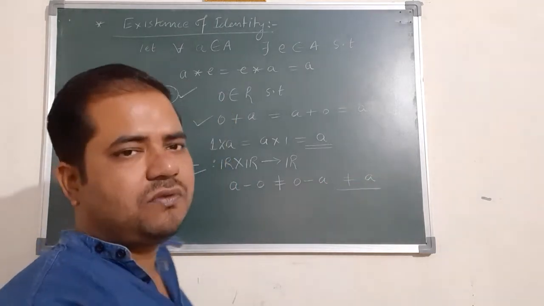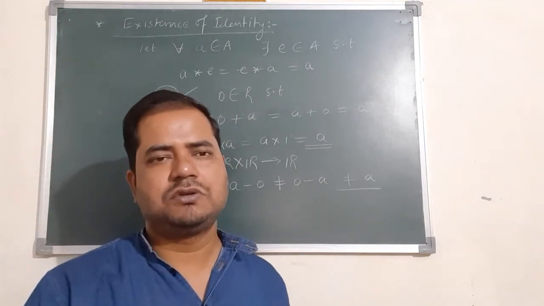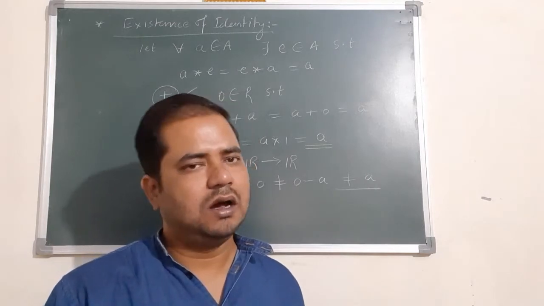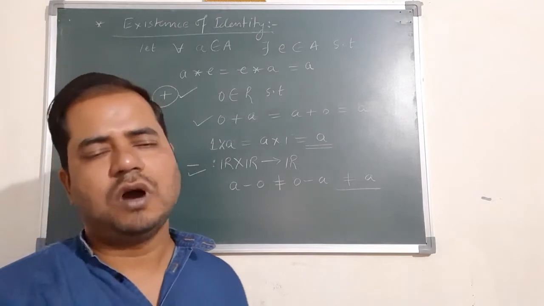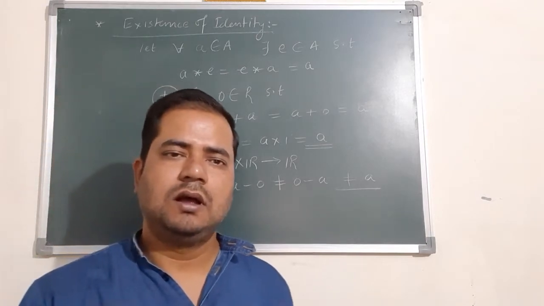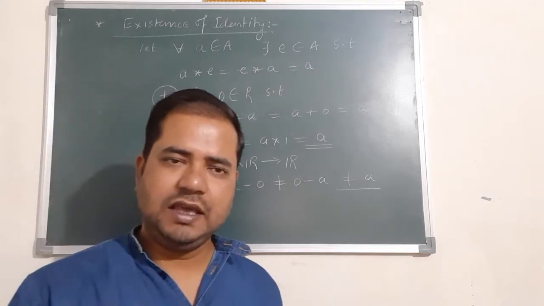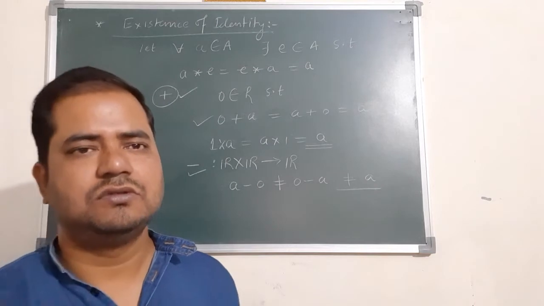That means we cannot find any element e such that a minus e is equal to e minus a is equal to a. That's why the minus operation has no identity. Similarly for division also, we cannot find any element such that a by e is equal to e by a is equal to a. Note it down.